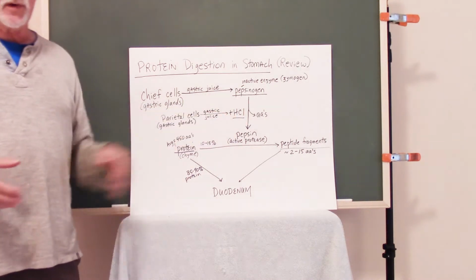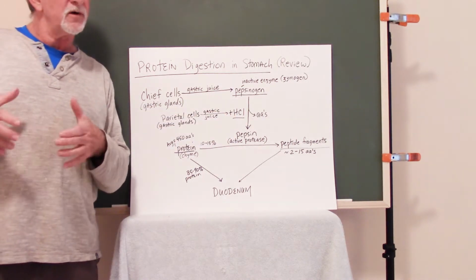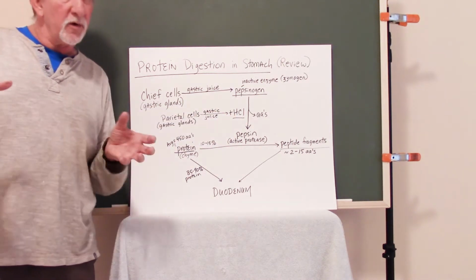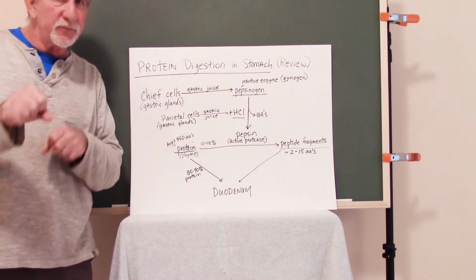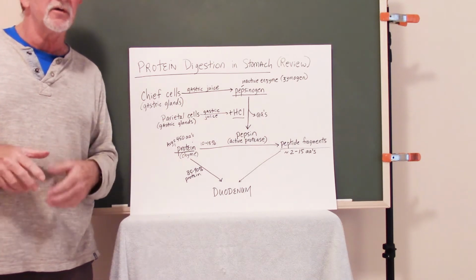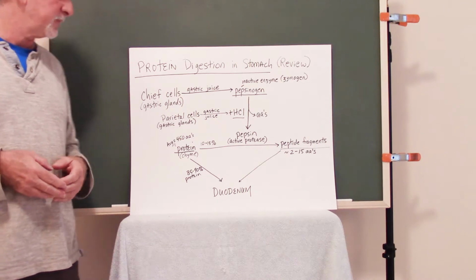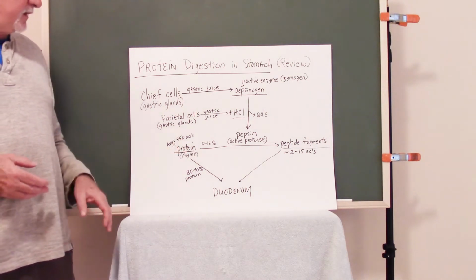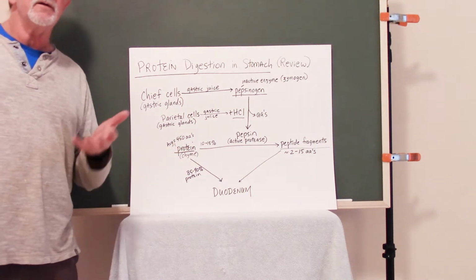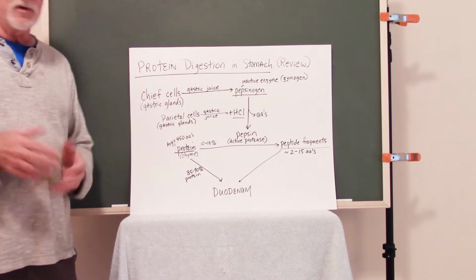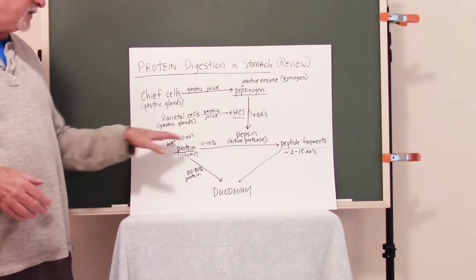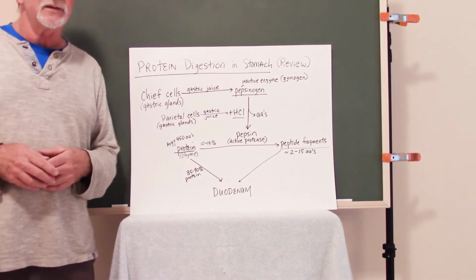So pepsin is a protease, and proteases are enzymes that break large proteins down into fragments of proteins called peptide fragments. A typical protein that comes in with the food you eat, from both plant and animal sources, is probably around 450 amino acids.